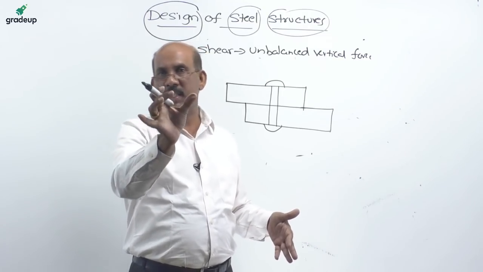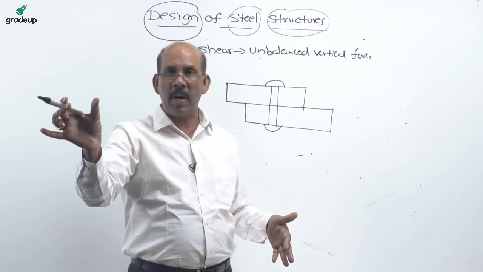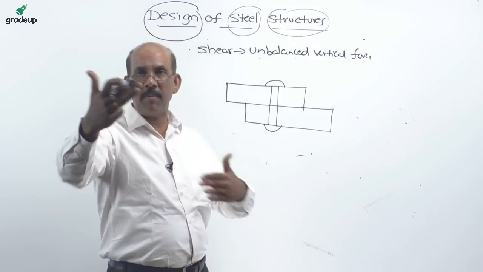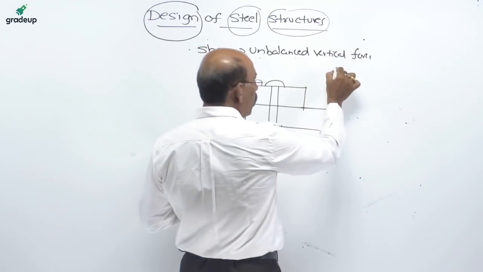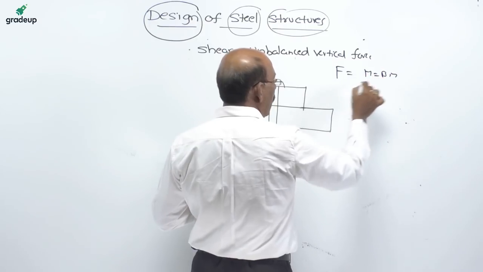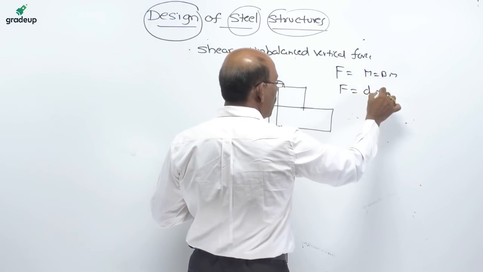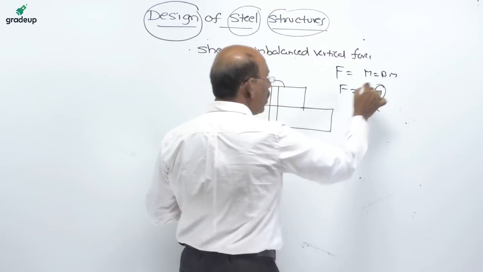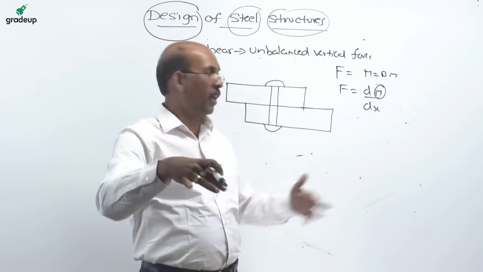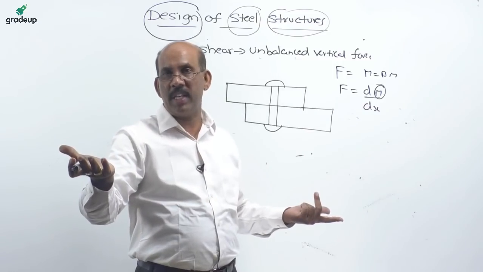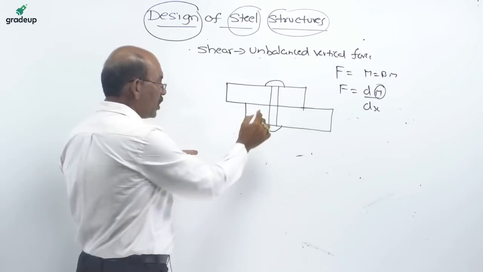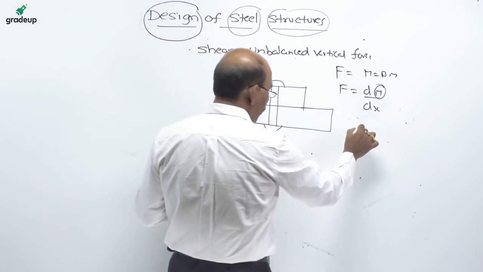The bending moment varies from one point to the other, so naturally the shear also varies. The relation between shear and bending moment: F is the shear force and M is the bending moment, and F is equal to dM by dx. M is not constant, it is variable in any structure, therefore shear force also varies, and this unbalanced force causes the failure of this particular rivet.